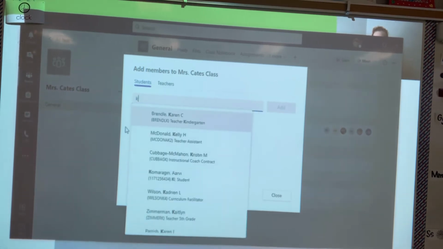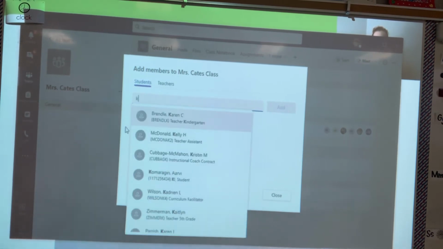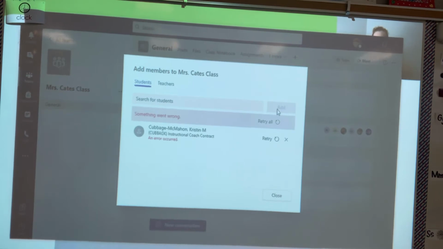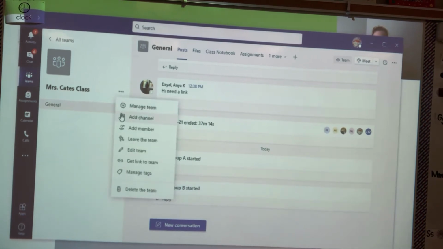What's her name, Kristen? How do we spell her last name? I think it was on there too. Okay, if you can put it in, there it is. Okay, and then we're gonna hit add. Something went wrong. An error occurred. Retry. Let me try again.